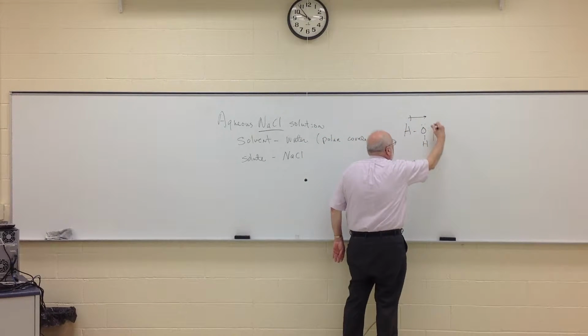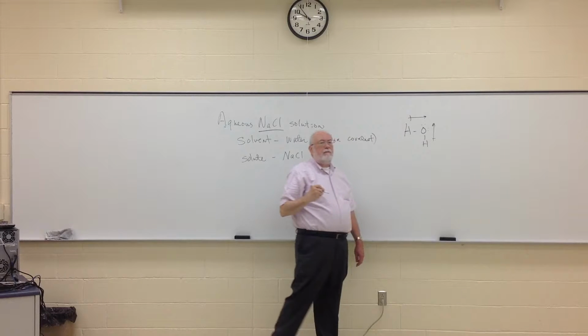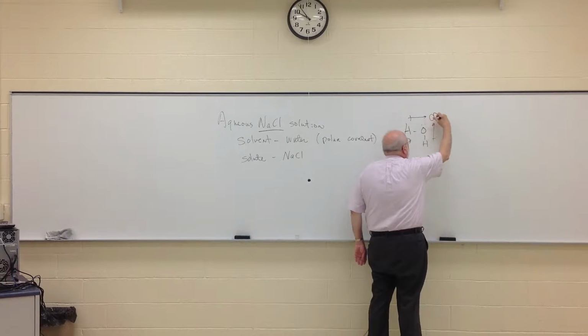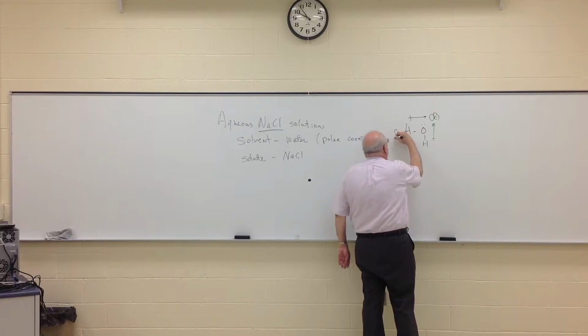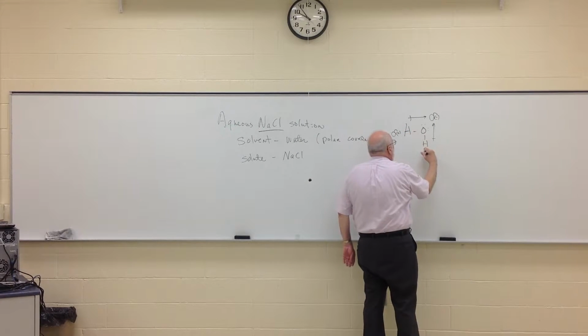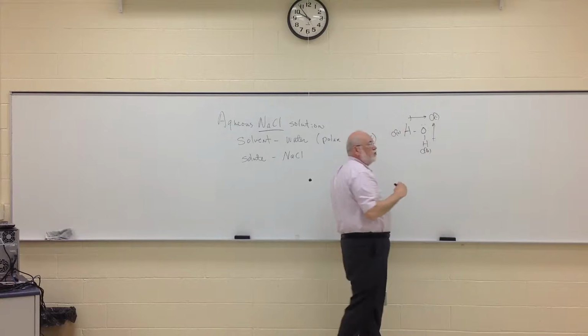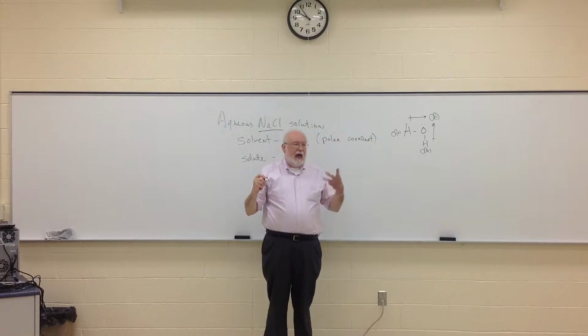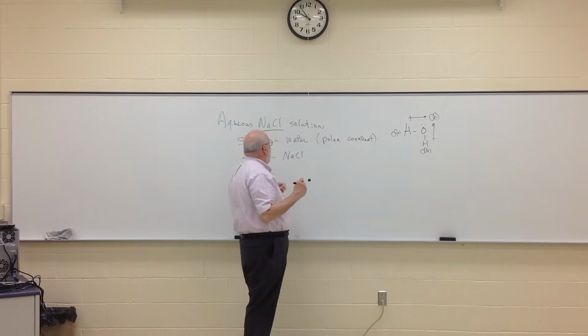So we put the dipoles up there because of the bent shape. They reinforce each other. So the oxygen end is the one that has the partial negative charge. The hydrogen ends both have the partial positive charge. Remember that.